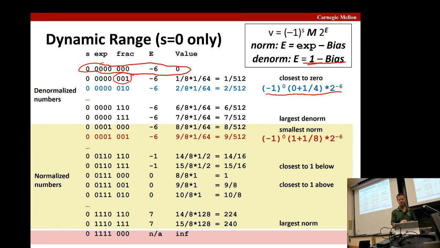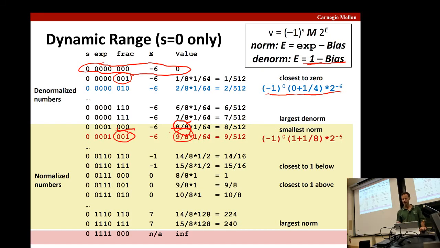Now, as soon as the exponent flips to being non-zero, but before it gets to all ones, then we have the whole normalized range. So now we see a bit pattern like 0, 0, 0, but we have to remember that there's implicitly a 1 in front of that. That's why this is 8/8, because it's basically 1.000. And now when we add one more, we get 9/8 and so forth.